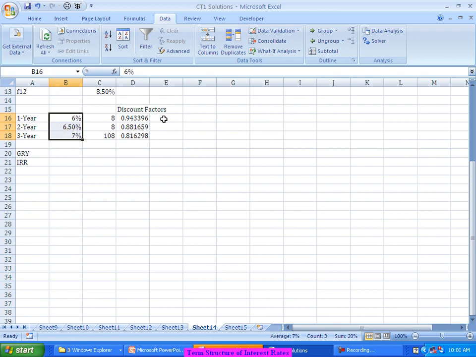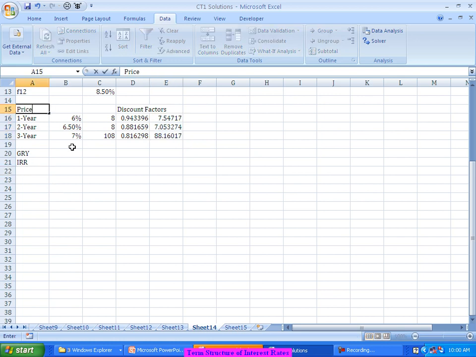Now what we are saying is, multiply each of the cash flows with the corresponding discounting factors. So that is what is giving me these numbers. Add up all of them, which will give you the price.